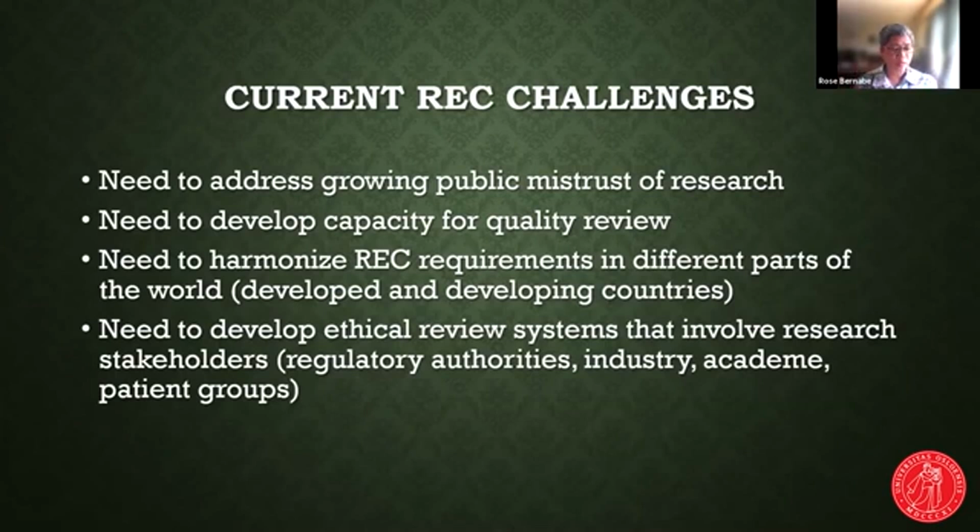So it means that sufficient information was provided, for example, by the industry, for the ethics committee review to be valid or to be sufficient. But you also would want a close connection between an ethics committee and the regulatory authorities, because, for example, health inspectors come to inspect ethics committees, right? Or that an ethics committee review is submitted to specific regulators. So this is what we call an ethical review system.